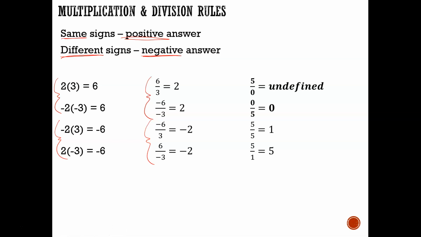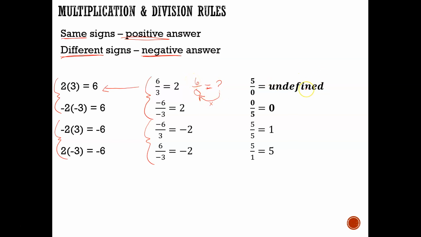And to kind of show you why that's true, let's think about division that we know the answer to. We can just do this same problem right here. We know that 6 divided by 3 is 2, and the way you check that is through the multiplication because 2 times 3 is 6. So if I wanted to do 6 divided by 0, then the answer would need to be able to multiply by 0 to equal 6, and there is no number times 0 that's going to equal 6.